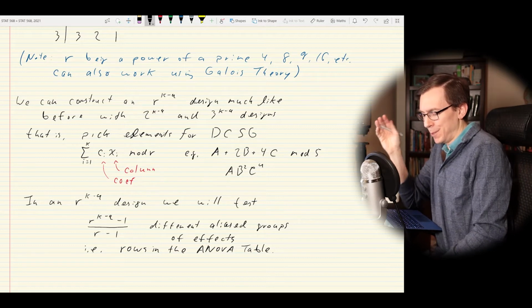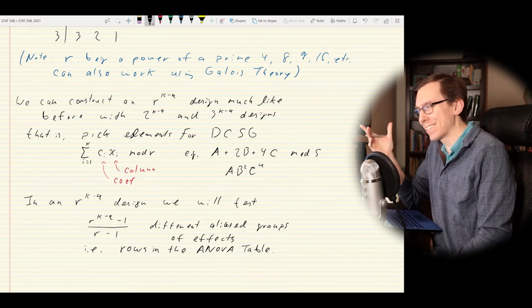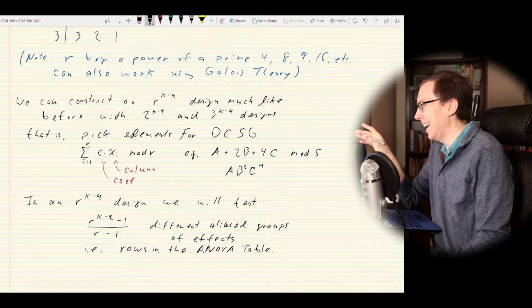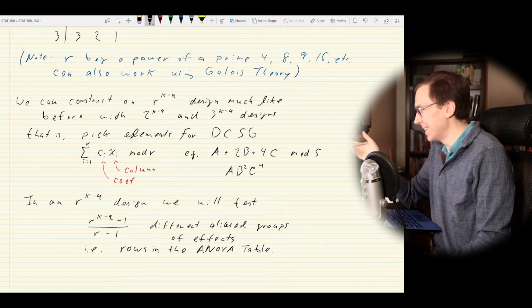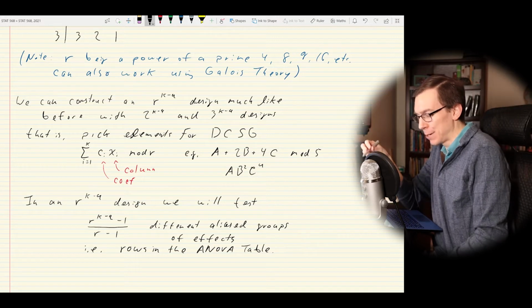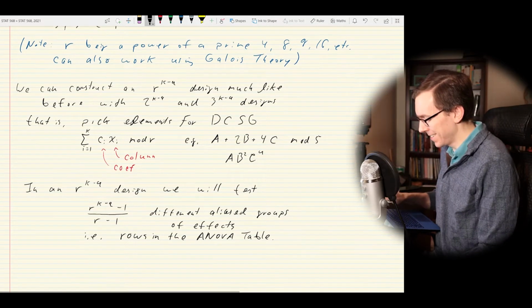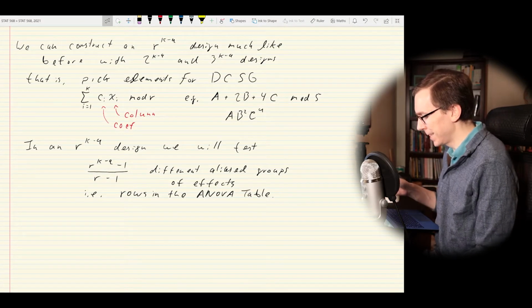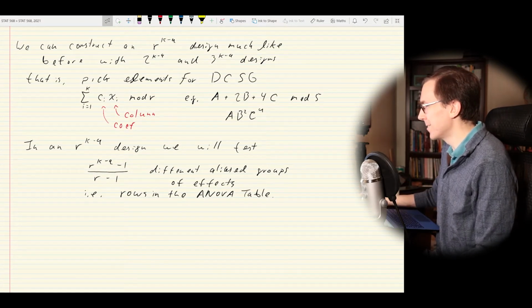So it's always good to remember to count and try to figure out what you should get. This is the number of terms we should get. It turns out that number should always be divisible by r minus 1, which is great, thanks to some number theory or algebra, or wherever you would discuss those topics.